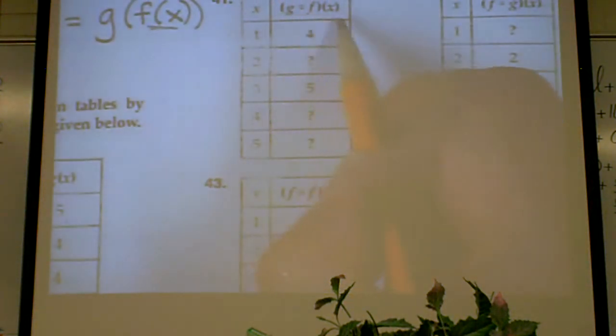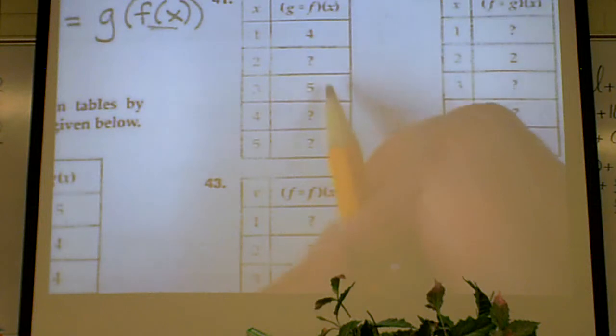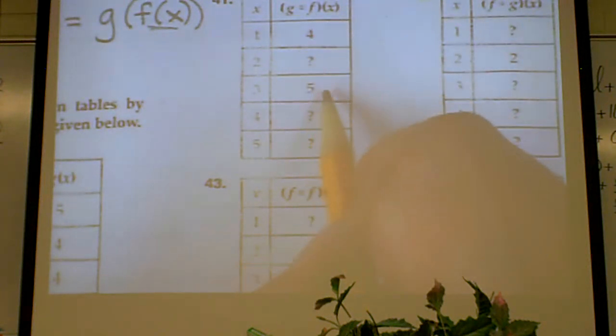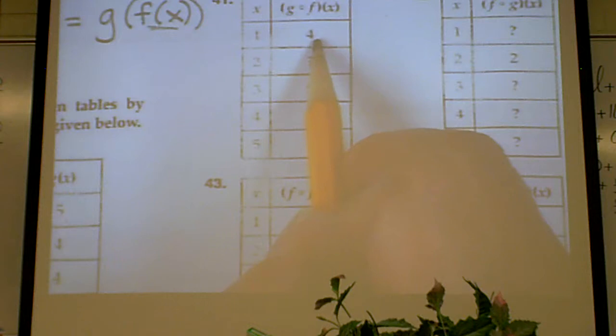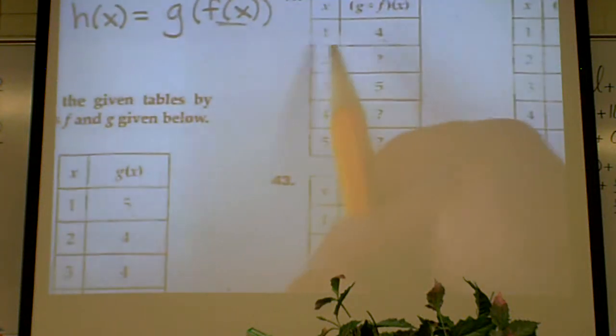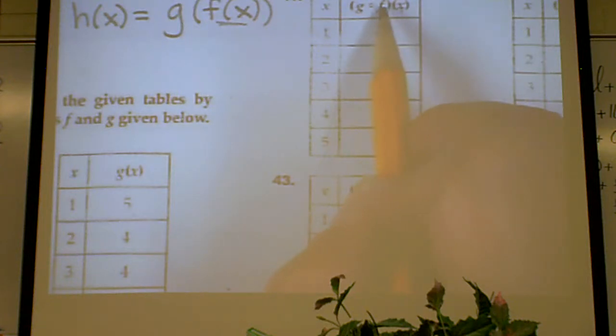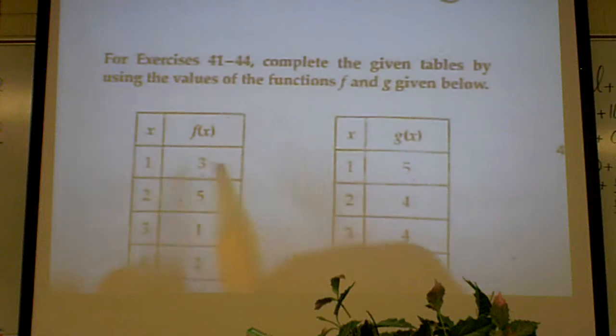Look what they want you to do for this problem. You have to fill in this T-chart. 4 is given and 5 is given. These are question marks. You're going to fill in what these are. So, how did they get a 4 right here? Well, if you input a 1 in the f function, what comes out? A 3.